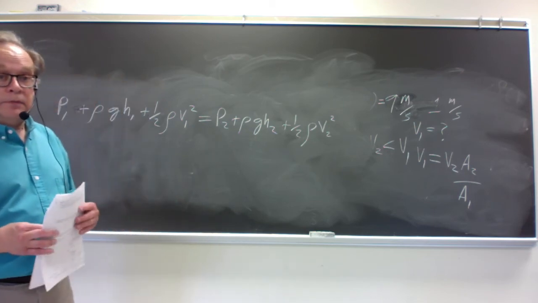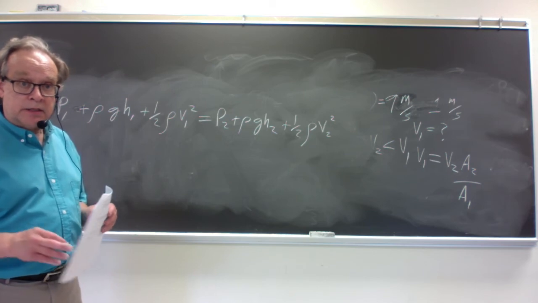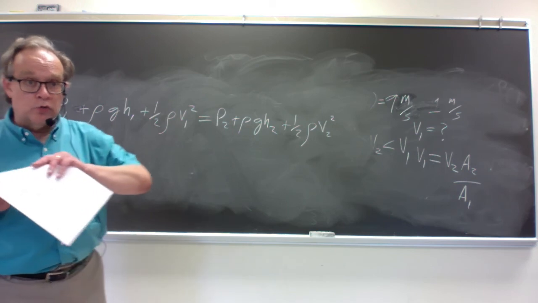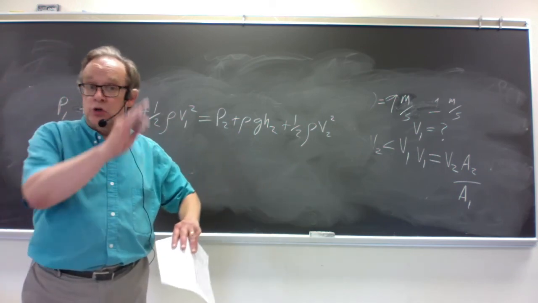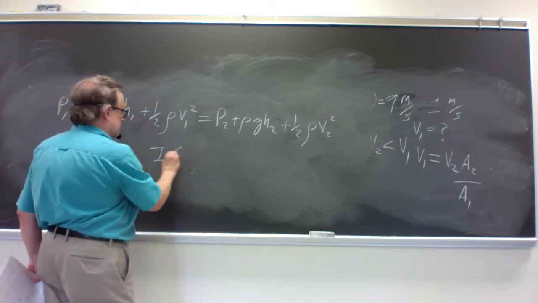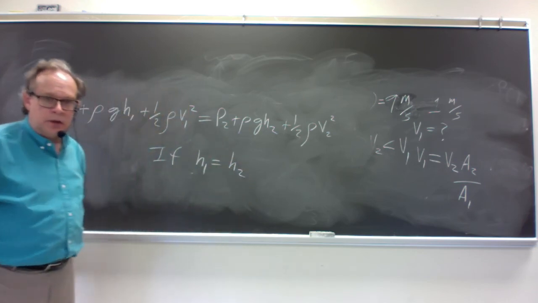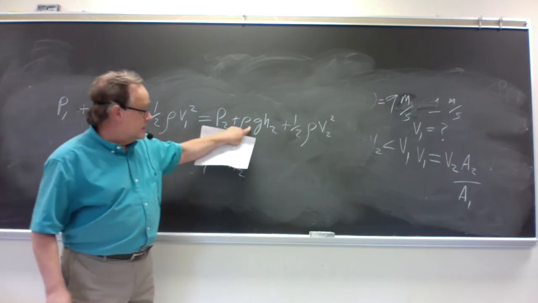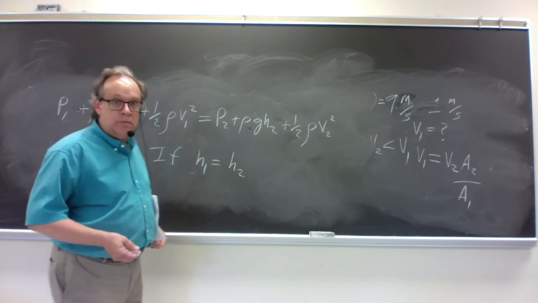Now, the most interesting thing about Bernoulli's principle is seen most easily when we just imagine water flowing at the same elevation, right? Everything on the same level. The water isn't going uphill, it's not going downhill. In other words, if H1 is equal to H2, then this term is exactly the same as this term, and they just cancel out.